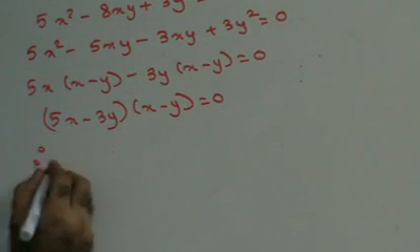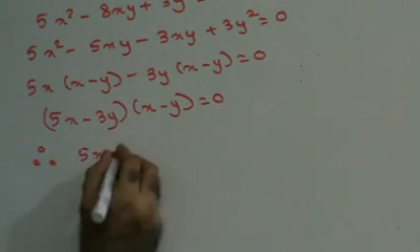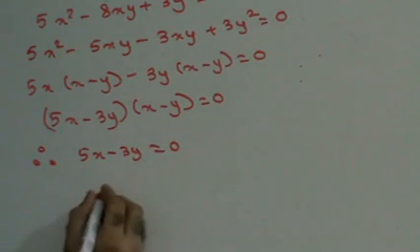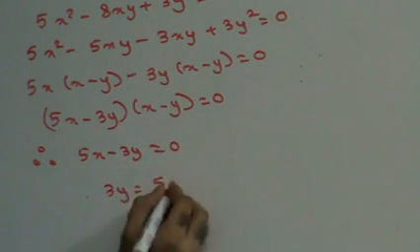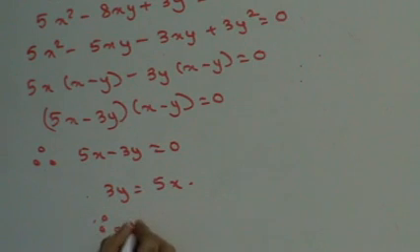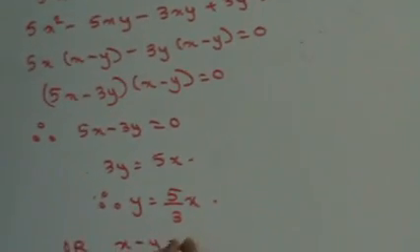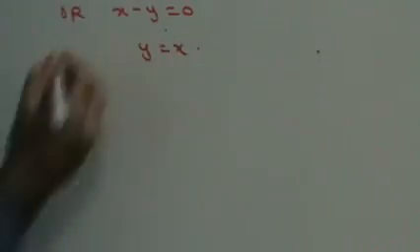So I could therefore say that 5x minus 3y is 0, 3y is 5x, therefore y is equal to 5 upon 3x, or x minus y is 0, therefore y is equal to x.